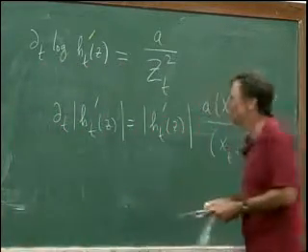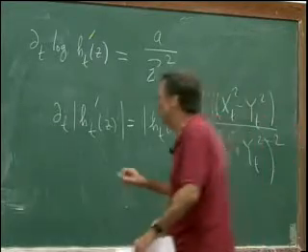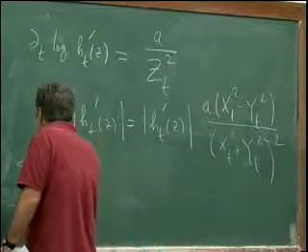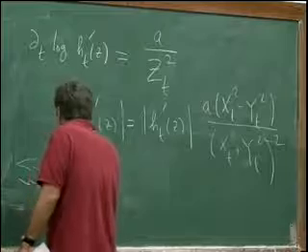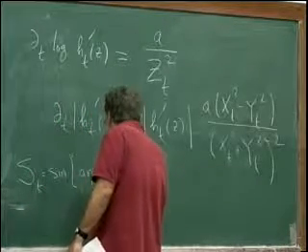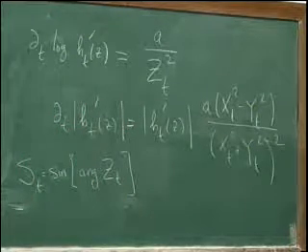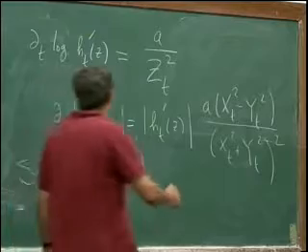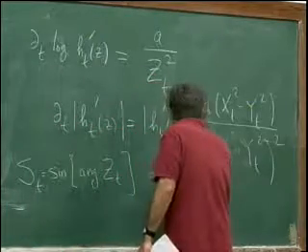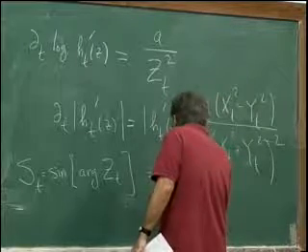And there are various forms of things that I'm going to be interested in. It turns out it's useful to let S_t be the sine of the argument of Z_t, which is y_t over |Z_t|.